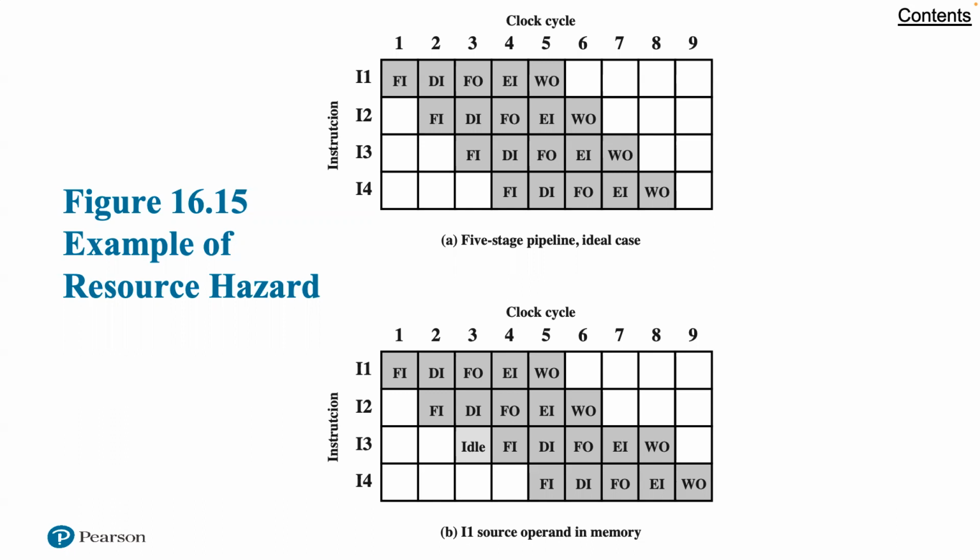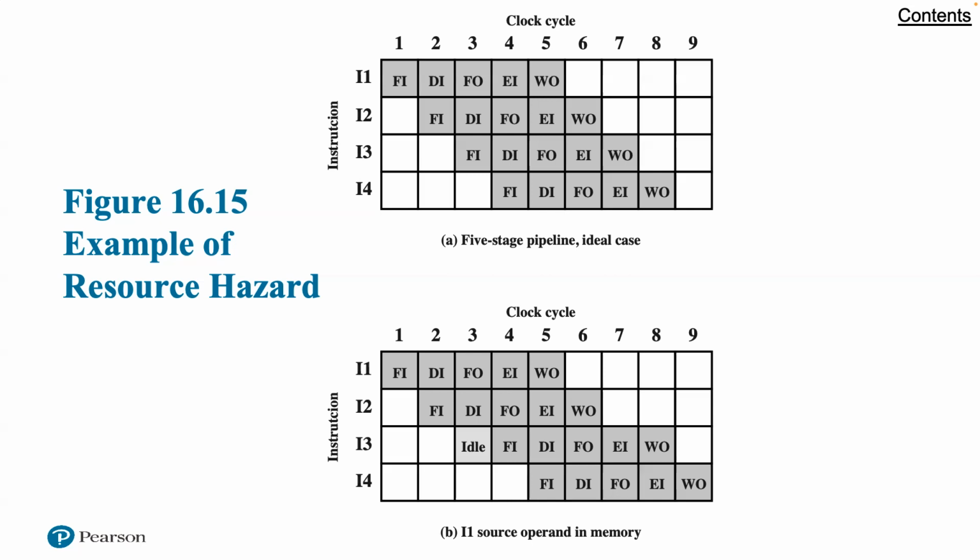Now assume that the main memory has a single port and that all instruction fetches and data reads and writes must be performed one at a time. Further, ignore the cache. In this case, an operand read from or write to memory cannot be performed in parallel with an instruction fetch.